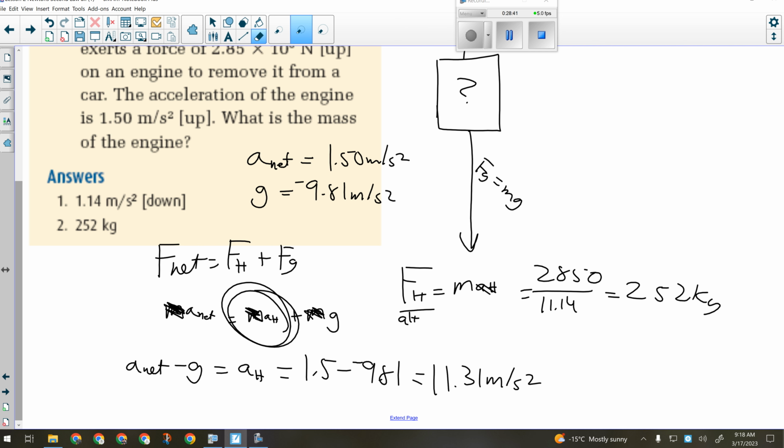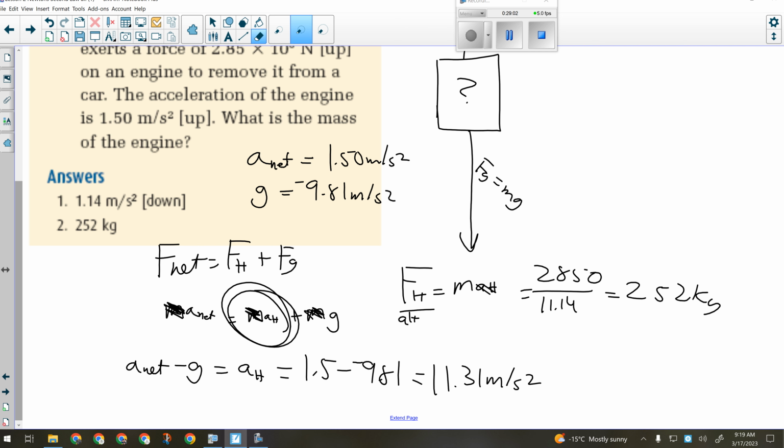Now, I have never, ever put a differential acceleration method question on a quiz or a test. I show them as an example, and then I say, see? Good. And then I go on to other things.